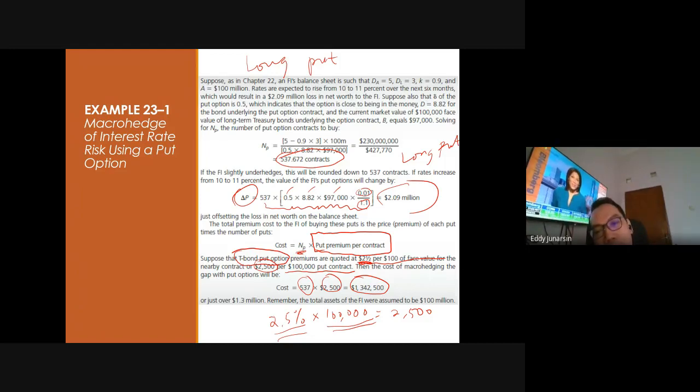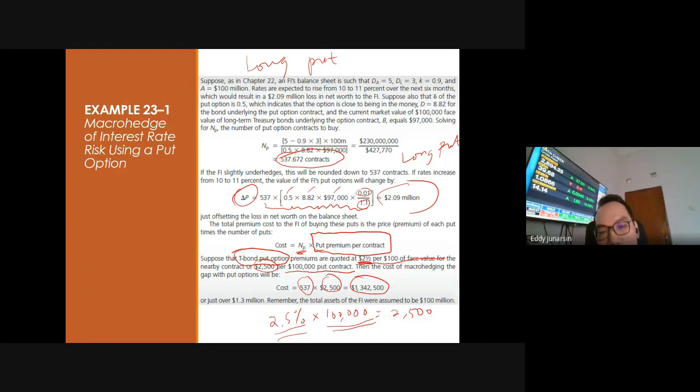That's why in the third part of the video series, we saw the micro hedging, where the option premium per contract is usually not that big.